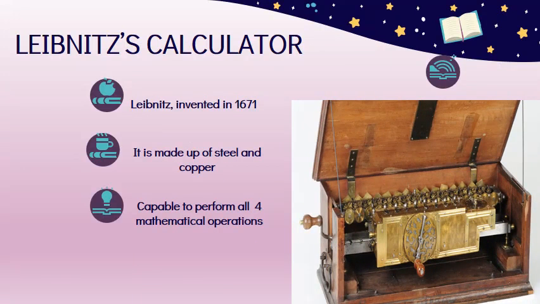Leibniz calculator. In 1671, Leibniz invented a machine to perform multiplication and division functions. It is made up of steel and copper. It improved upon the Pascal adding machine as it was capable of performing all four calculations: addition, subtraction, multiplication and division.